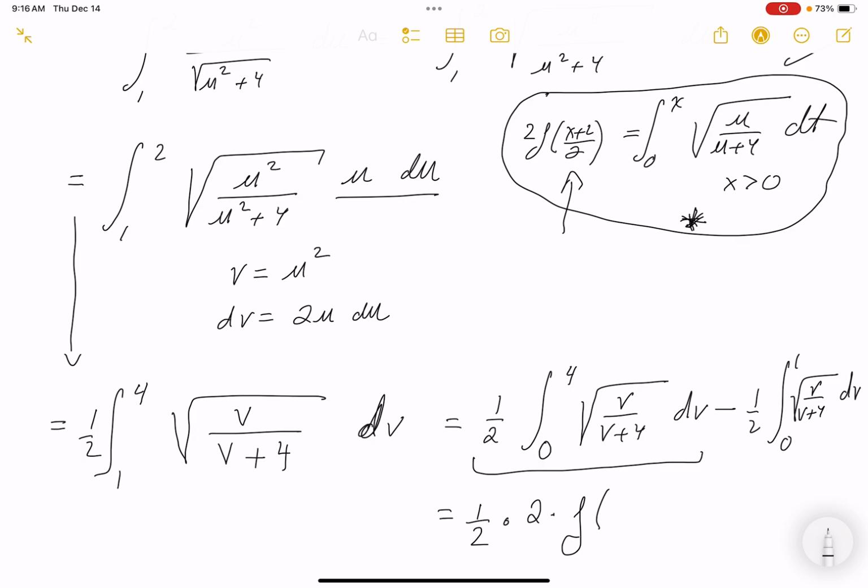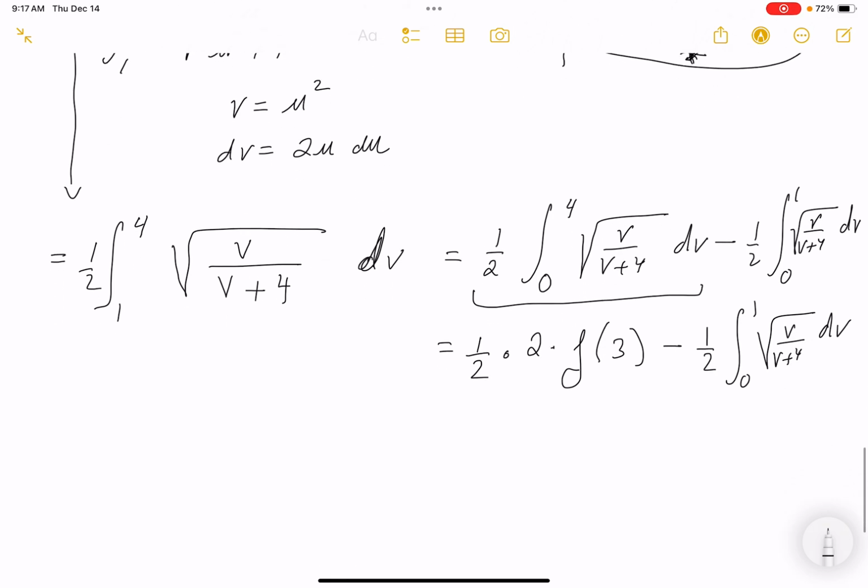Our x is going to be 4, right? So 4 plus 2 is 6, and 6 divided by 2 is 3. Minus, not a problem now, 1/2, and we'll simplify this too, by the way, 0 to 1, the root of v over v plus 4 dv.